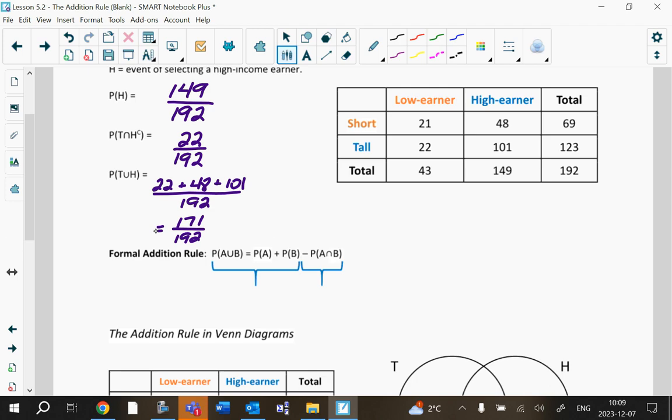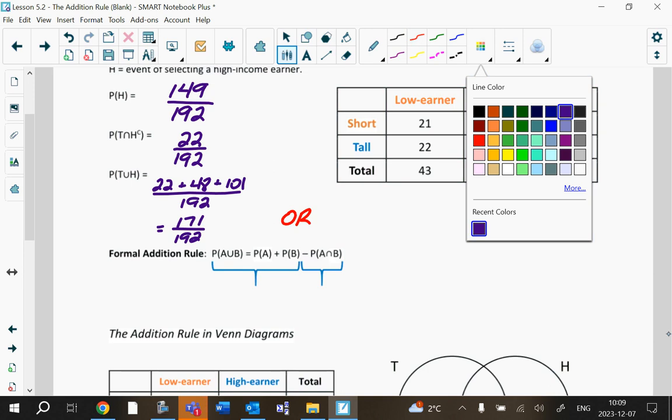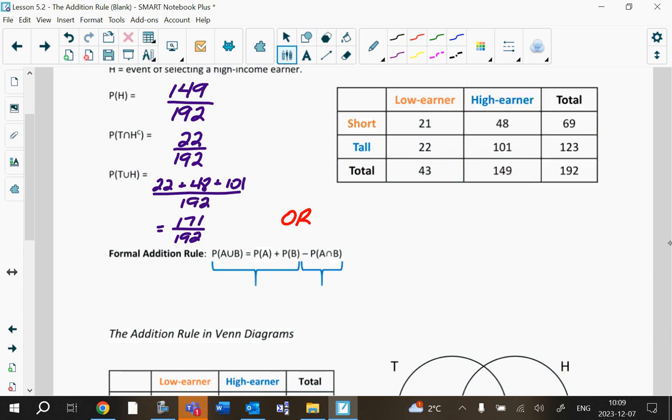Another way we could do this, and this is where the formula for the addition rule for probability comes in, is we could say, okay, there are 123 tall, right?